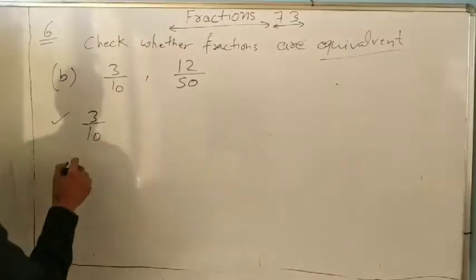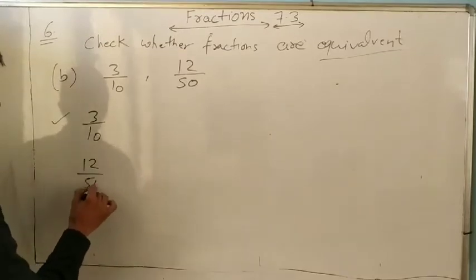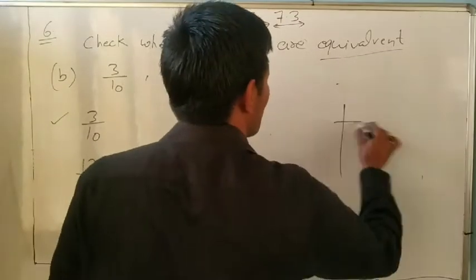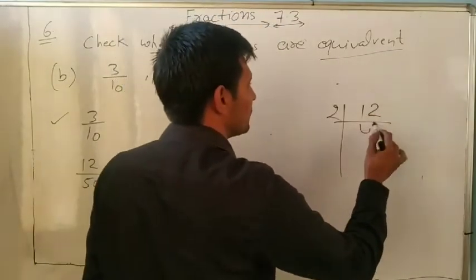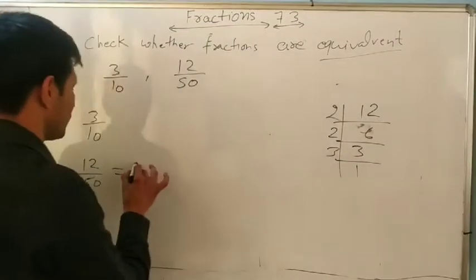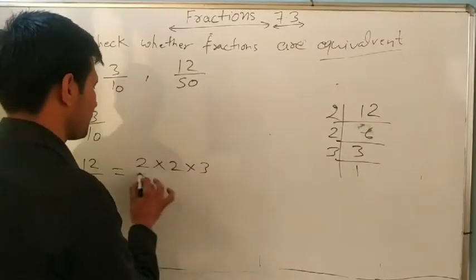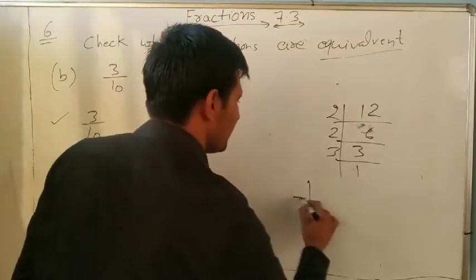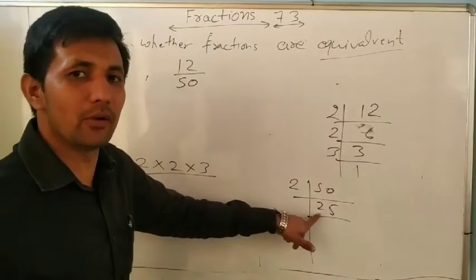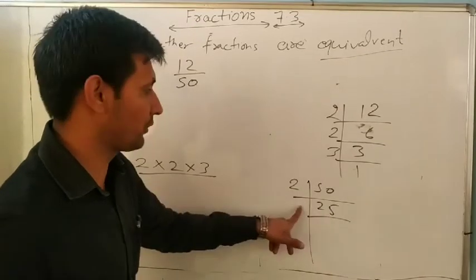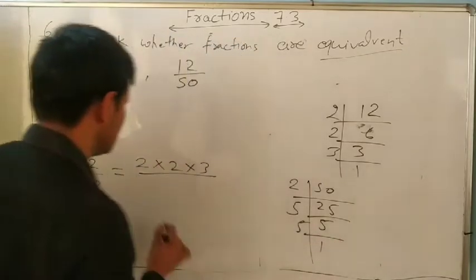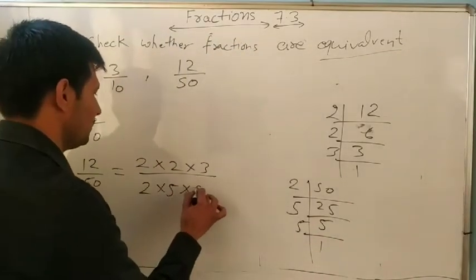Next, find 12 upon 50. Any common factor? Either you can write factors first: 12 is 2 into 2 into 3, and 50 divided by 2 is 25. 25 divided by 2, no. 25 divided by 3, no. 25 divided by 4, no. It is divisible by 5, yes, 5 into 5. So 50 is 2 into 5 into 5.